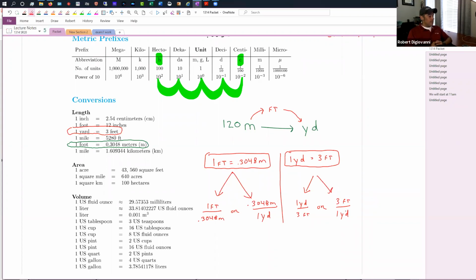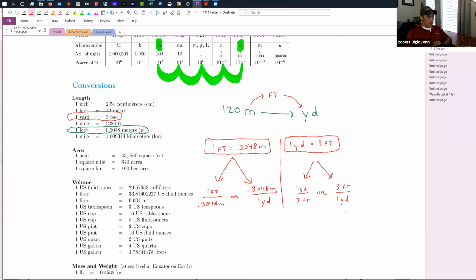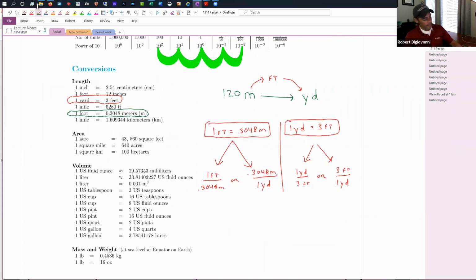So now it's time to do the problem. I'm going to take 120 meters and put it over 1. And then I'm going to multiply it by something. What I want is for the meters to cancel. So which one am I going to use to make the meters cancel?